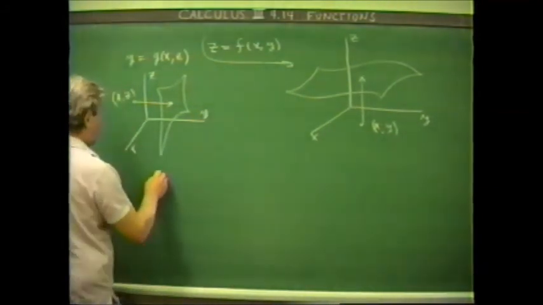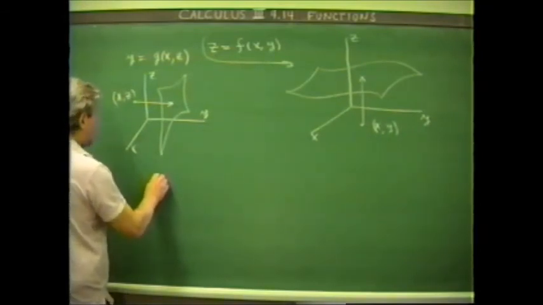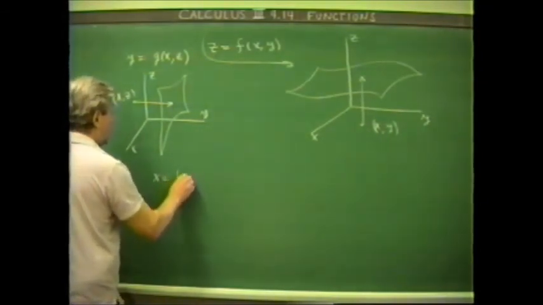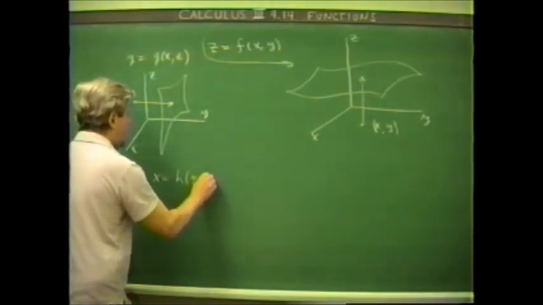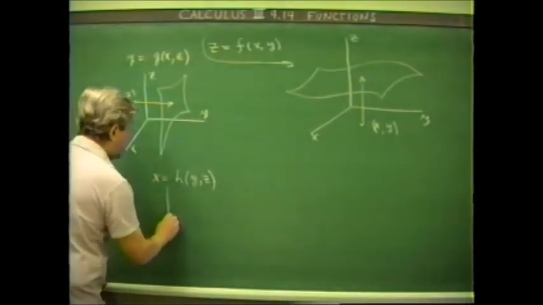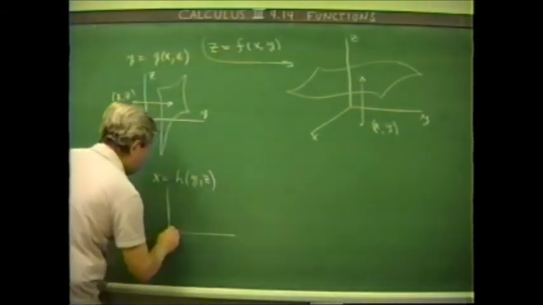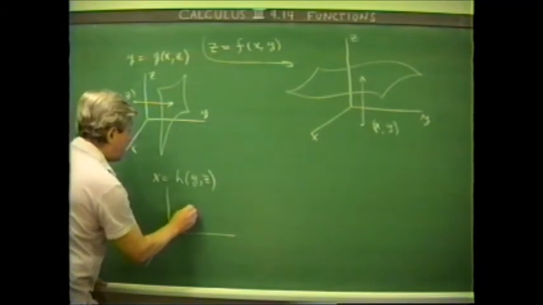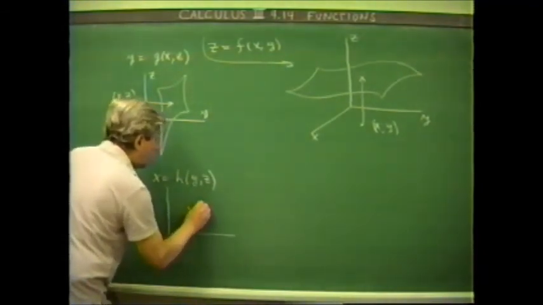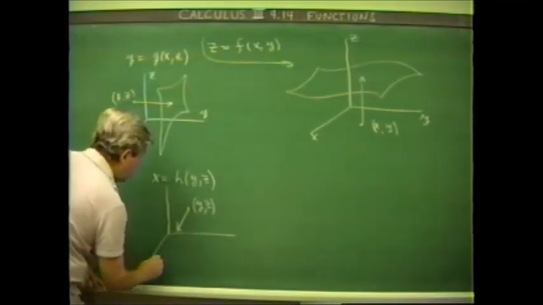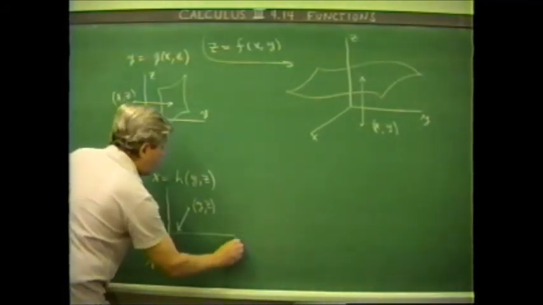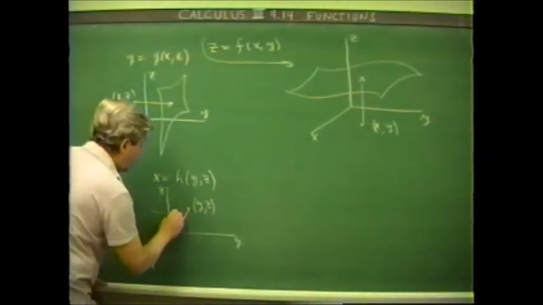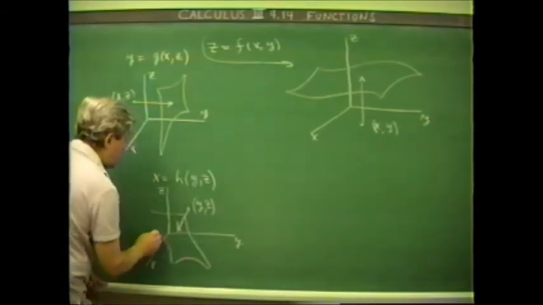And of course the third possibility is that x is a function of y and z, in which case for each particular pair y, z, there would be a unique x. And so if this is x, y, and z, the graph would lie somewhere out here.